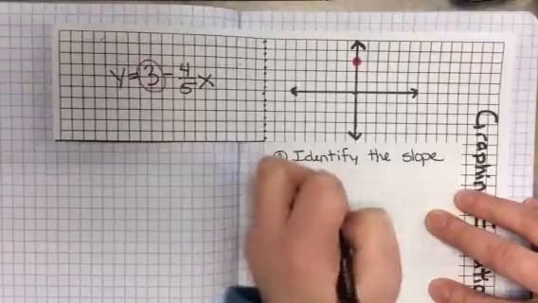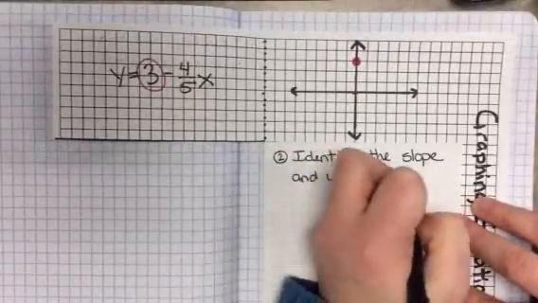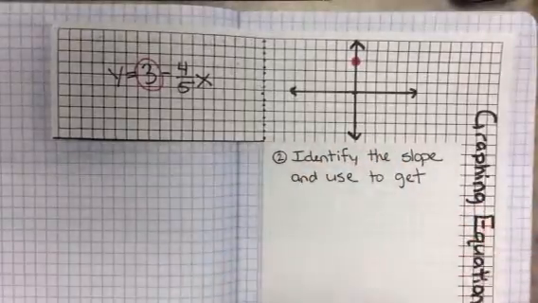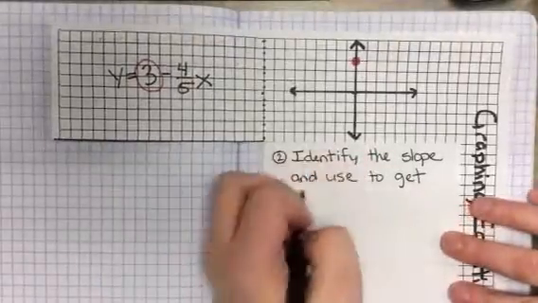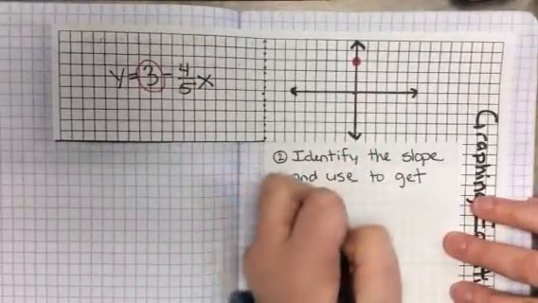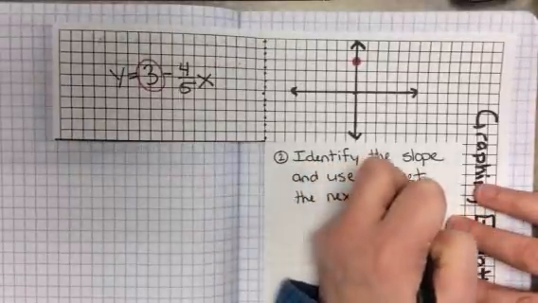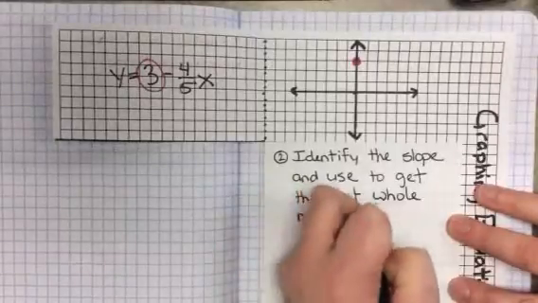And then we're going to use it on the graph. Use it to get the next whole number coordinate on the graph.